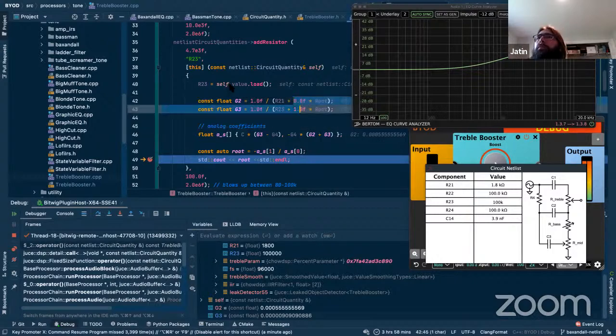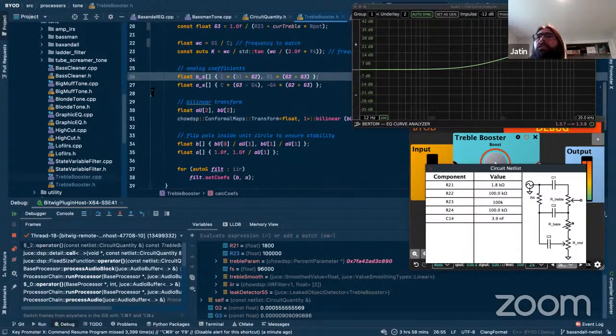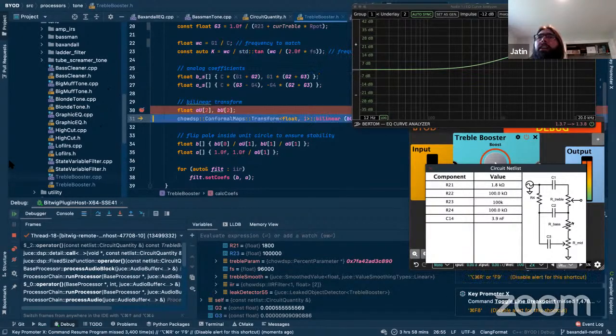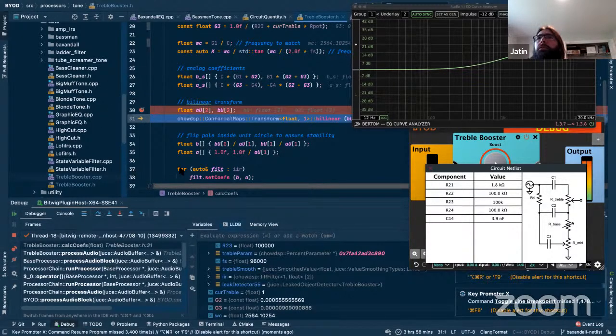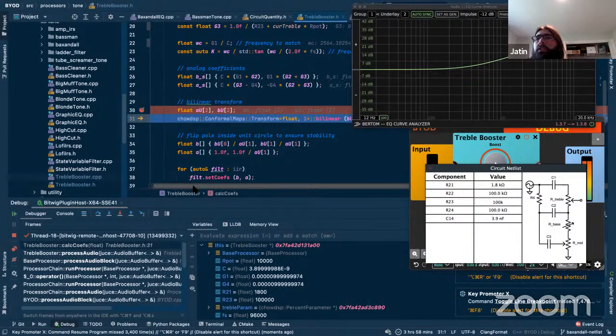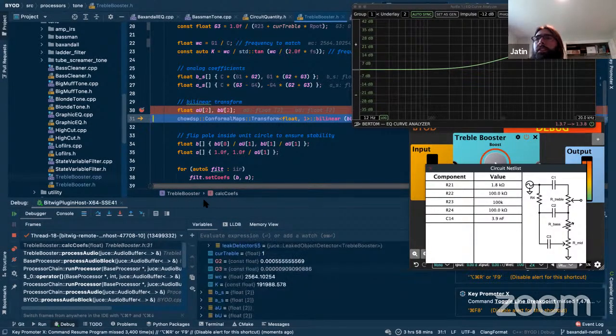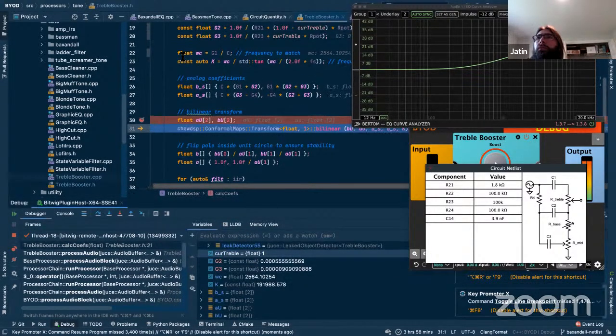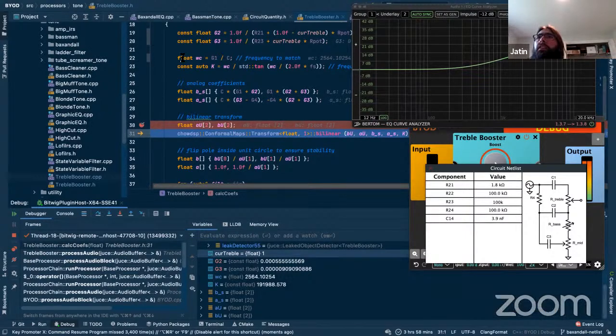Maybe I flipped around my 0 and 1 here. I don't know. Let's go into the actual coefficient calculations and see what we get out of that. So first of all, what is Kerr treble? Kerr treble is 1. That's what we did too. So that can't have been the problem.